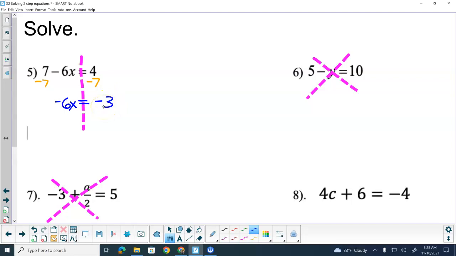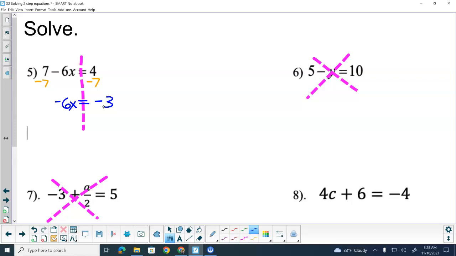Okay? Now, what mathematical operation am I doing with negative 6 and x? Sorry, I forgot to say the x part. What's happening with negative 6 and x? What are they doing? You have 4 choices. Add, subtract, multiply, or divide. What are negative 6 and x doing?